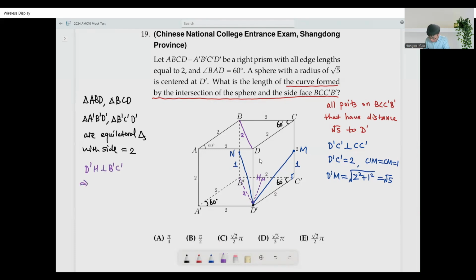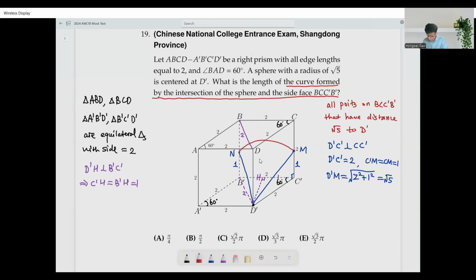That implies C'H equals B'H equals 1. Now let me draw the curve here.